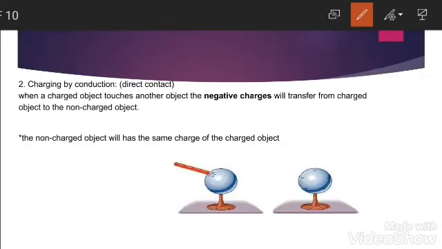Method 2, charging by conduction. Look at this object. This object contains negative charge. When a charged object touches another object, the negative charge in this object will transfer to the other object.